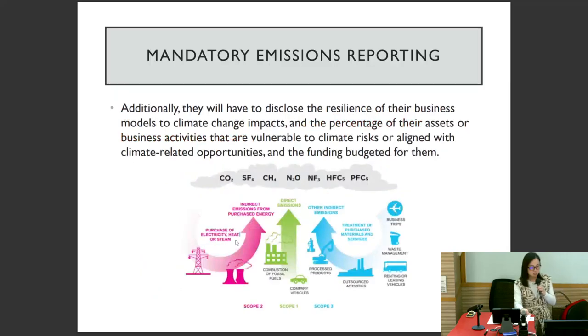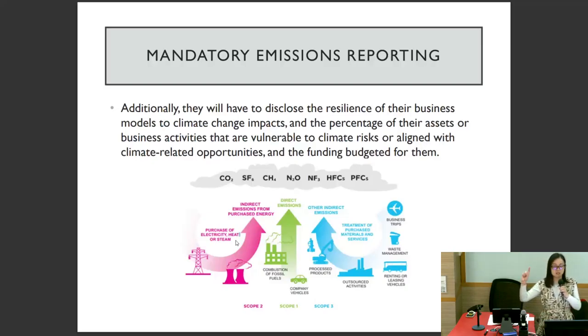Additionally, they will have to disclose the resilience of their business models to climate change impacts, and the percentage of their assets or business activities that are vulnerable to climate risk or aligned with climate-related opportunities, and the funding budget for them.